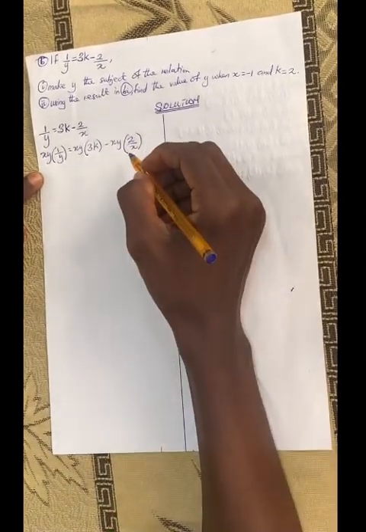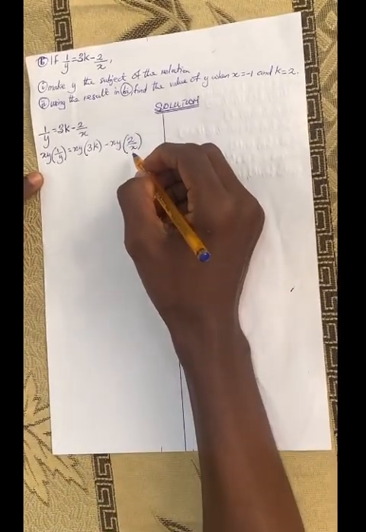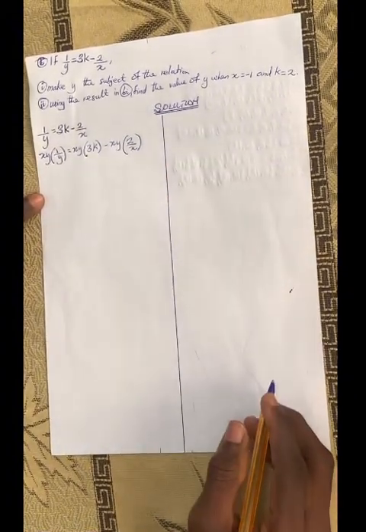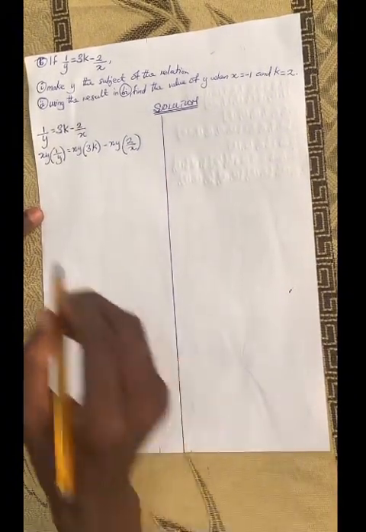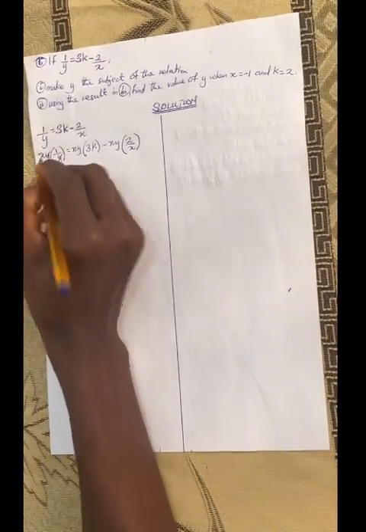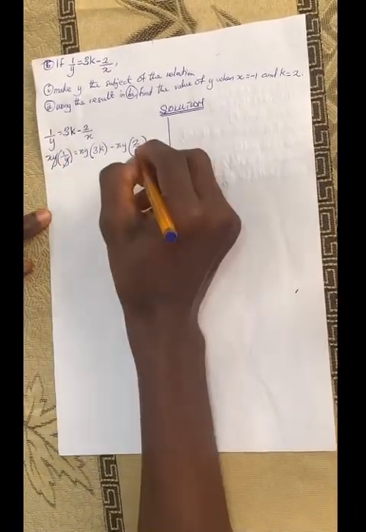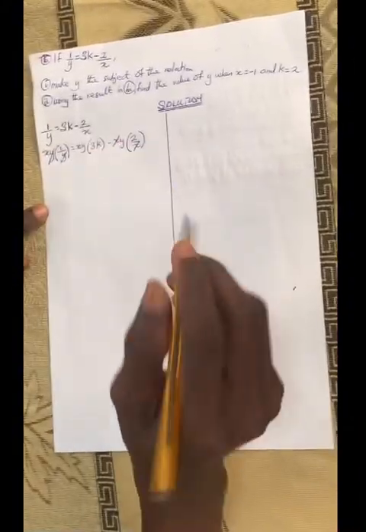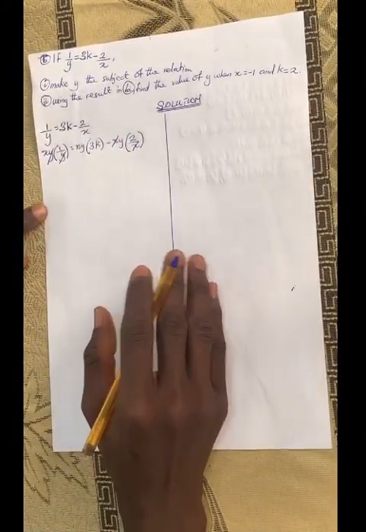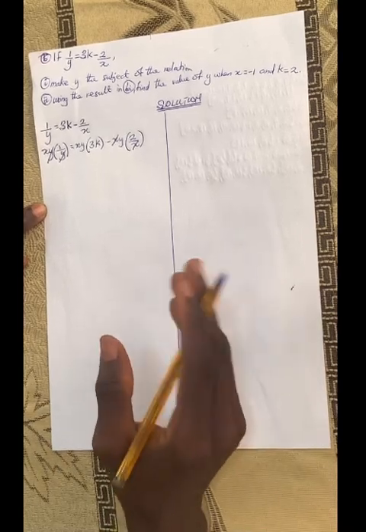I love to put these things in brackets to avoid any future confusion. After doing this, you realize that this y will cancel this y, and this x will cancel this x.